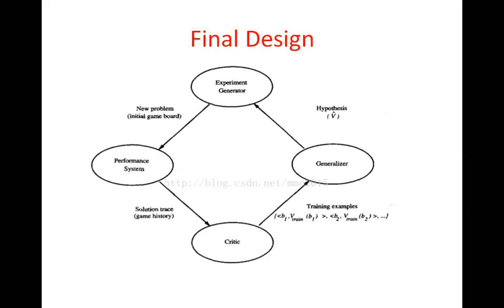If 100 training examples are there, can it generalize all of them and frame one hypothesis? Is it possible? From these training examples, it will create one hypothesis, and that hypothesis is nothing but the input for the experiment generator.